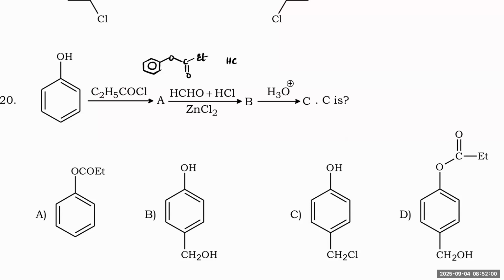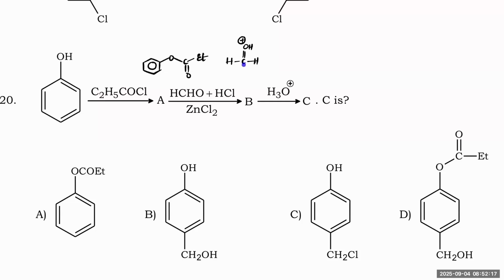Let me write it this way. HC double bond OH we have. So here we'll have a plus charge this way, and that H plus will come from HCl in the presence of ZnCl2. So this is an electrophile that we have generated.